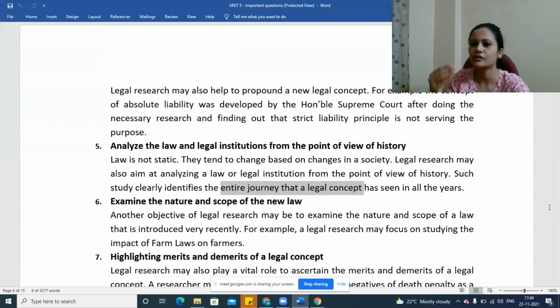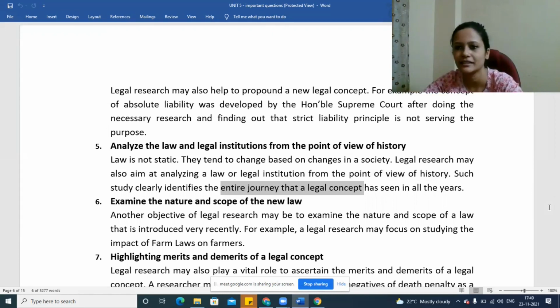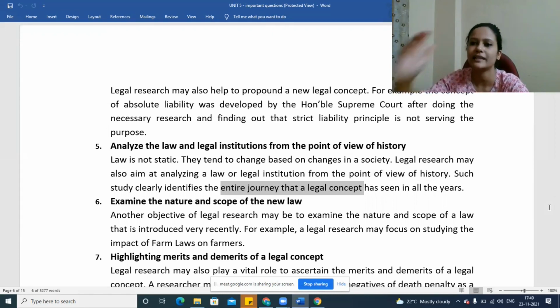So if you do research on that provision, initially, when the Constitution of India was adopted, what was Article 368? What was the wording of Article 368? What was written inside that article? After that, what all cases happened? And at present, what is written in Article 368? That means you are studying the entire history of Article 368 from the start till date.